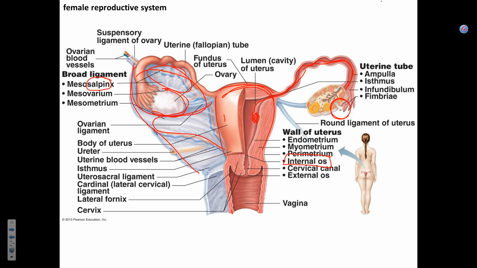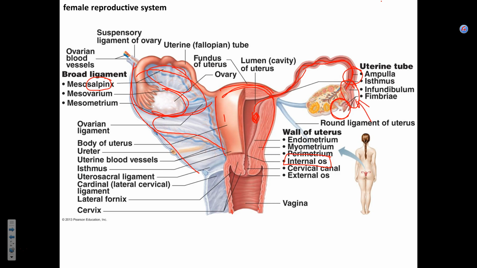It basically enters abdominal cavity. Does that make sense? And then it generally is taken into the infundibulum and then into the ampulla of the fallopian tube. What brings it in? This fimbriae.